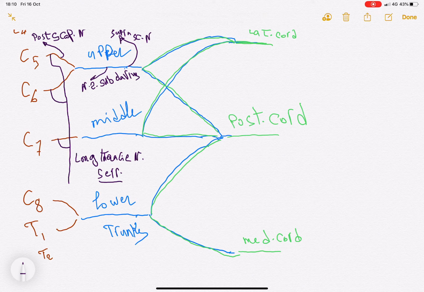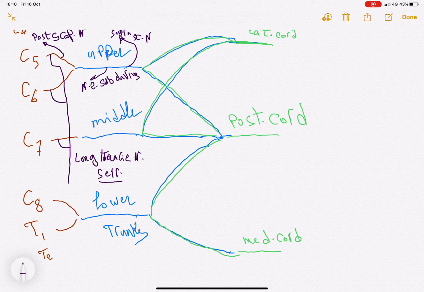From the roots, C5 and C6 join C7 and make the long thoracic nerve, but C5 gives the posterior scapular nerve on its own. Then we move on to the trunks.